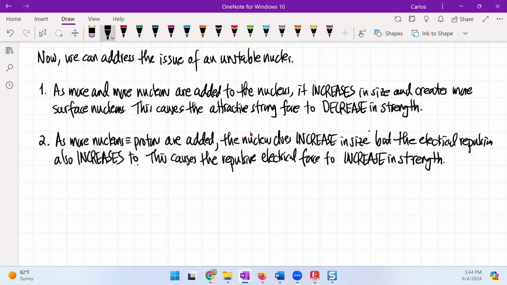So they're doing the opposite things here. As it gets larger and larger, more surface nucleons are created. Therefore, there's less attraction around the edges. The nucleus starts to reach a critical point.